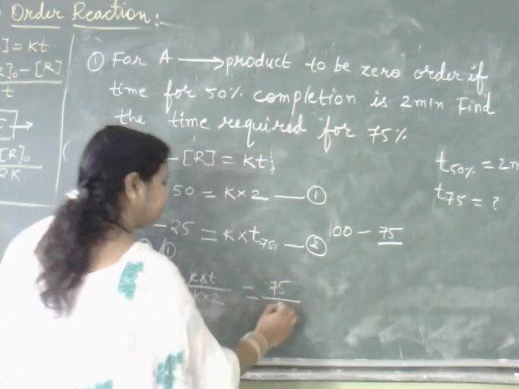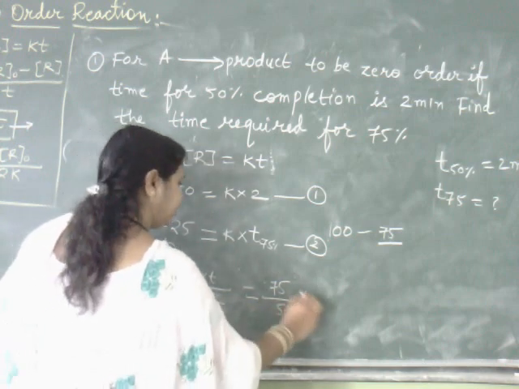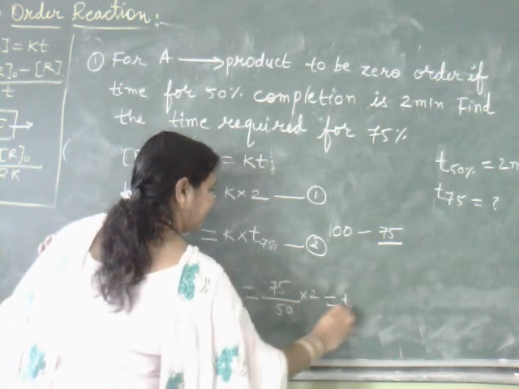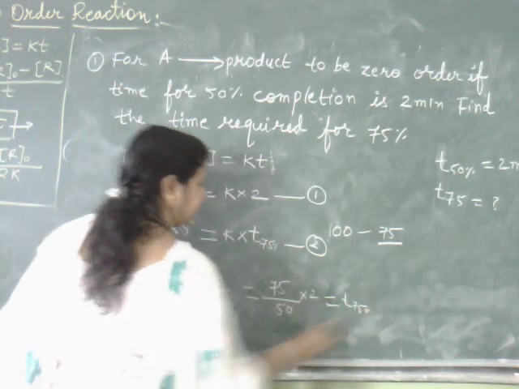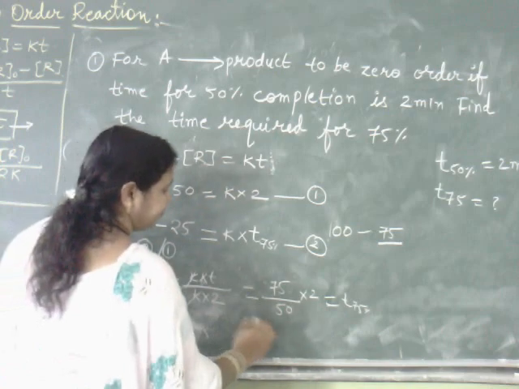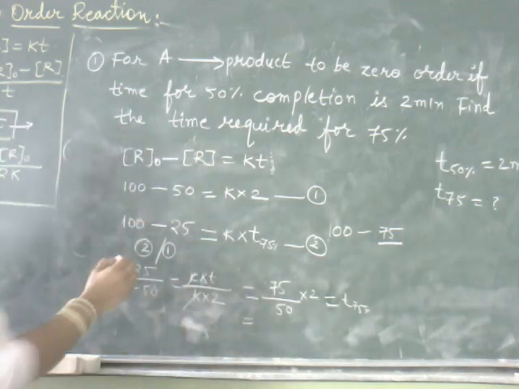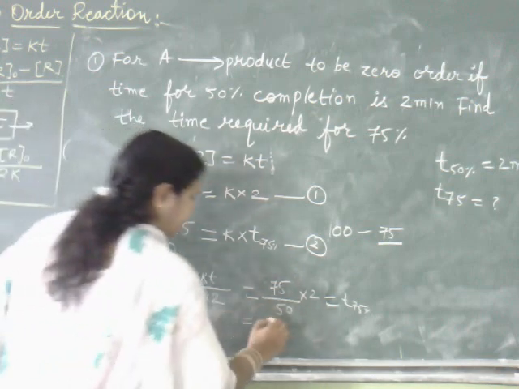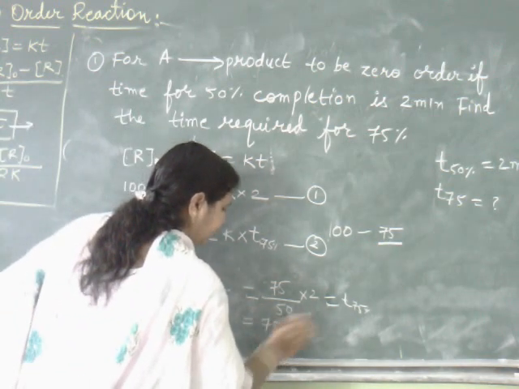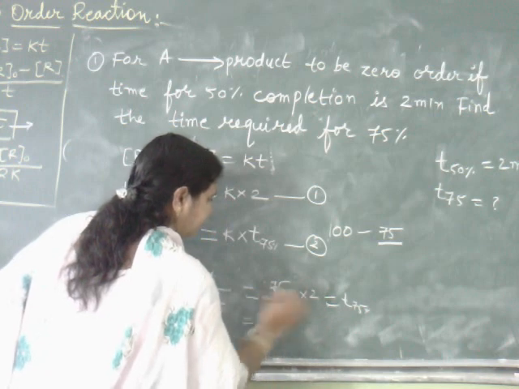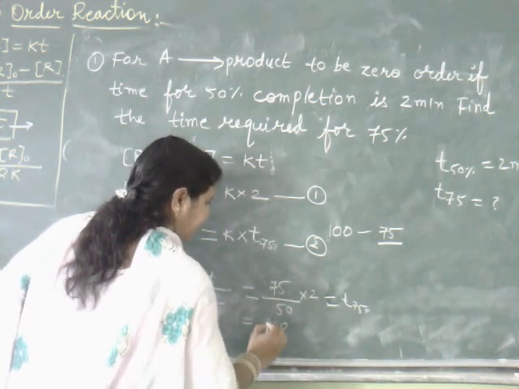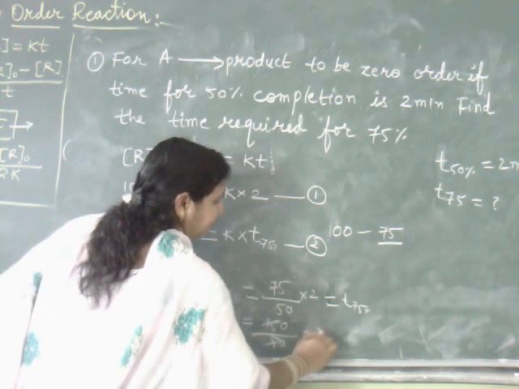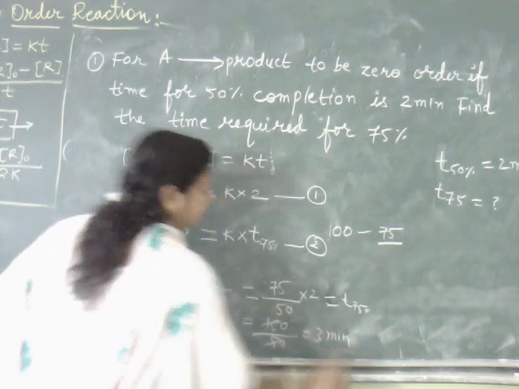And here 100 minus 50 means 50. 2 just take out this side. And what we have here? T 75%. So here we will get 75 into 2. 2 5s are 10, 2 7s are 14 and 15, 150 by 50. So we will get here 3. What answer will we get here? 3 is the answer.